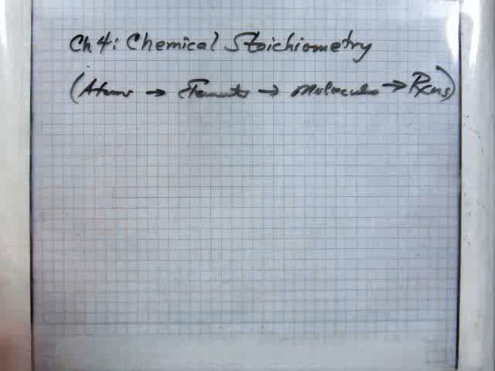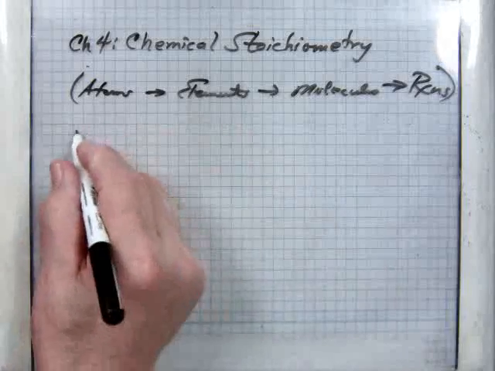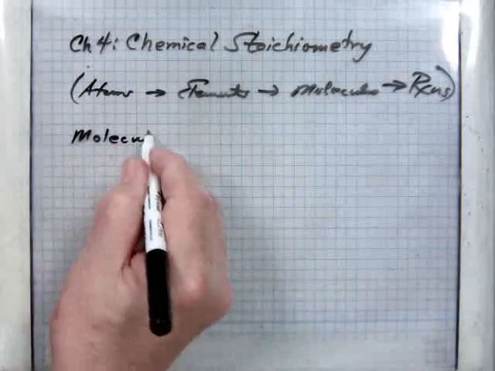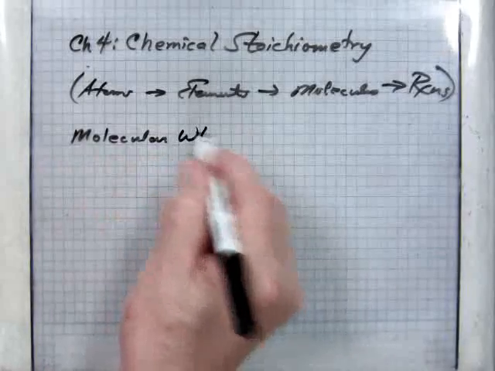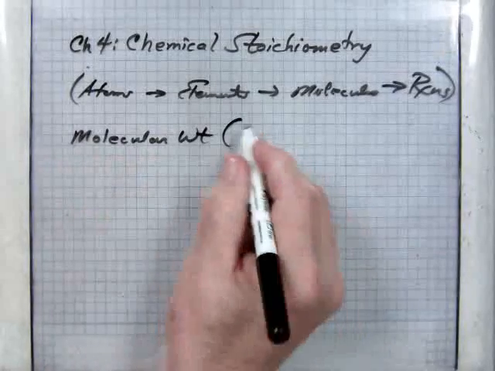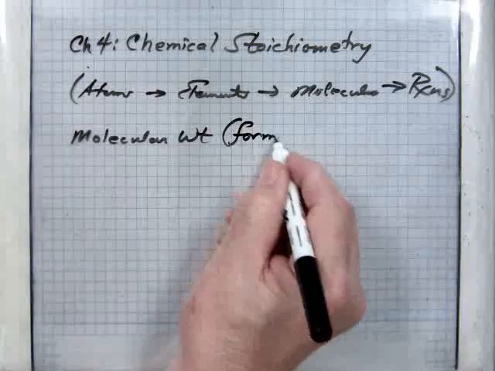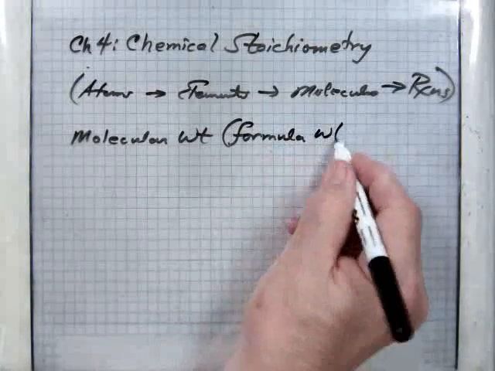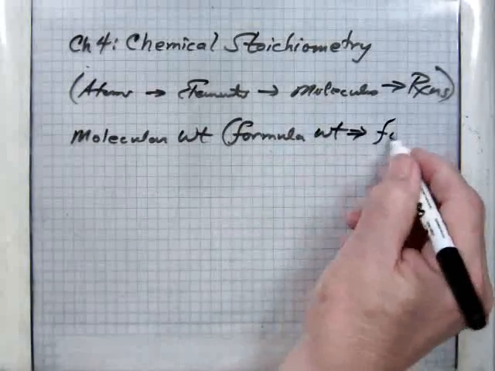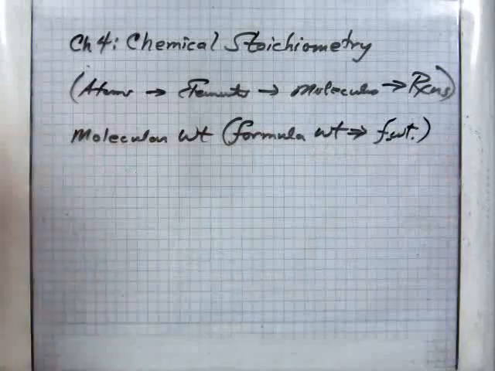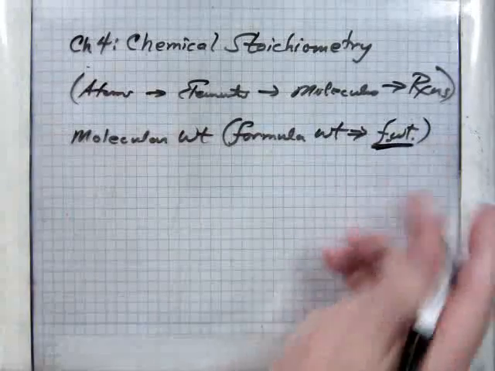So in terms of atoms and elements, we want to start with molecular weight. And sometimes I'll list this as formula weight, F weight. You'll see me write it in that context many times.